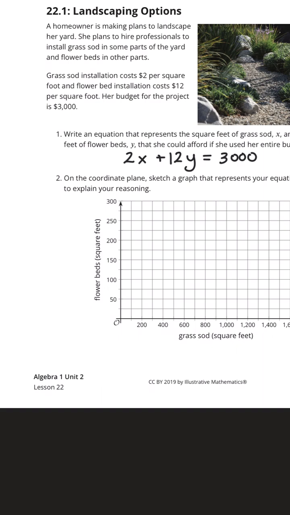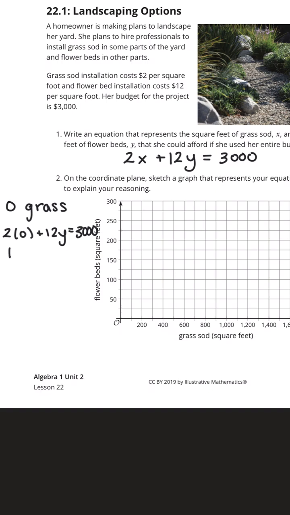So if we start with some easy ones, if she decides that she does not want any grass in her yard, she's going to go all flowers. So if there's no grass in this yard, it would be 2 times 0 plus 12y equals 3,000. This would tell us how many feet of flower bed she can have if there's no grass.